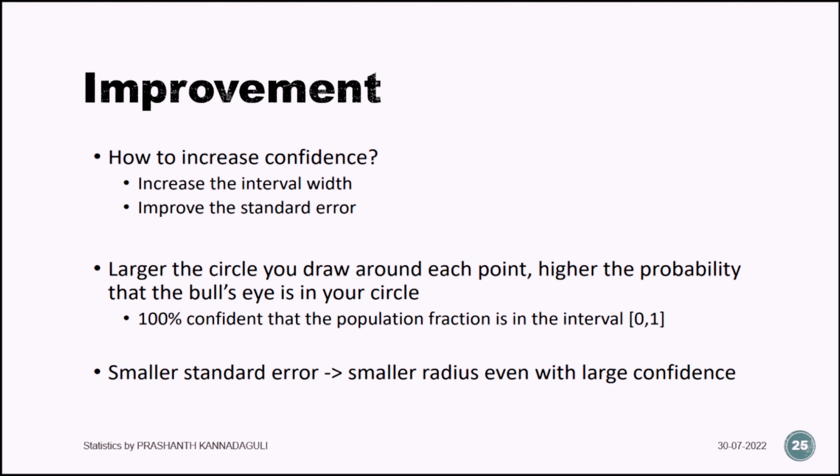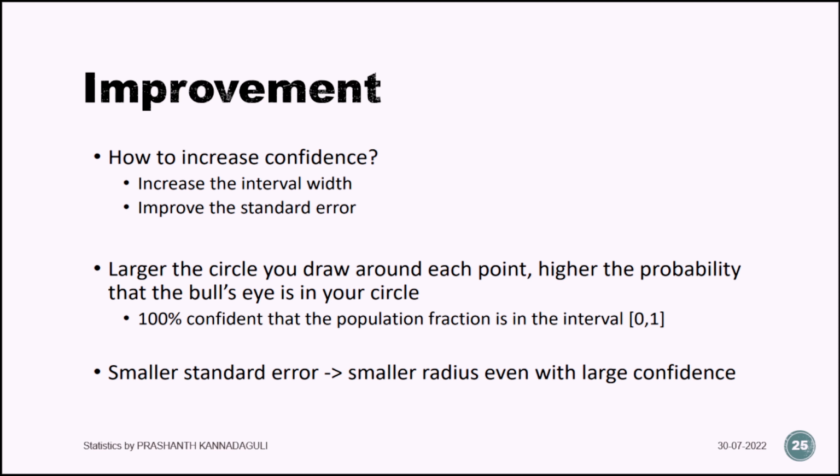So if at all you try to reduce the circle's radius, right? So that means standard error is smaller, the radius will be smaller. But if I say that, yes, I reduce this and still the bullseye exists inside that, that means you are more confident, isn't it? So when I increase the radius, you are not increasing the confidence level, right? You are reducing the confidence.